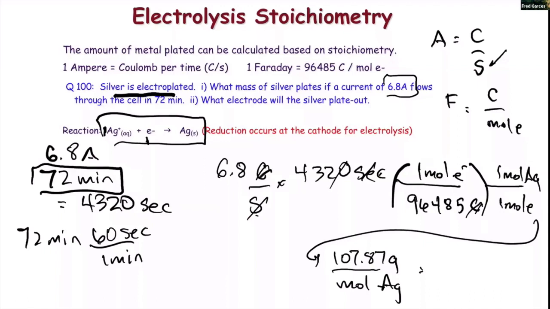Then I used the balanced equation to realize that for every 1 mole of electrons, I can reduce 1 mole of silver to silver metal. So that's basically this conversion factor.